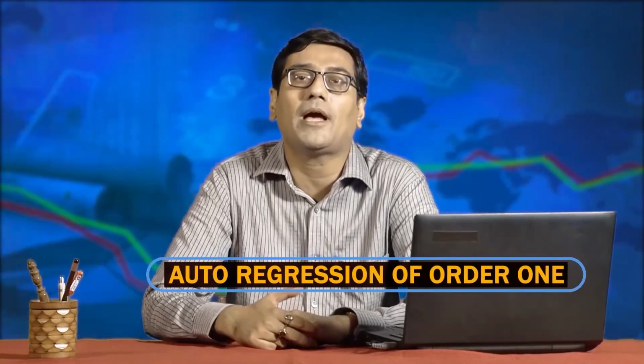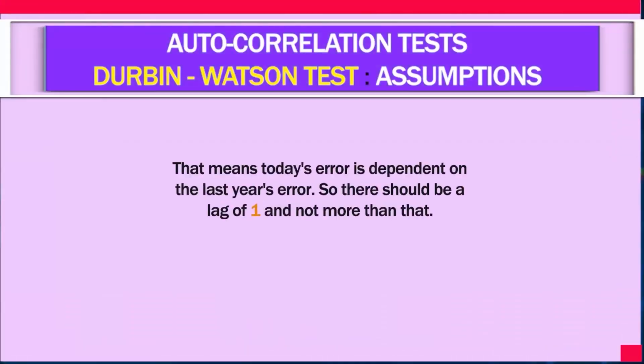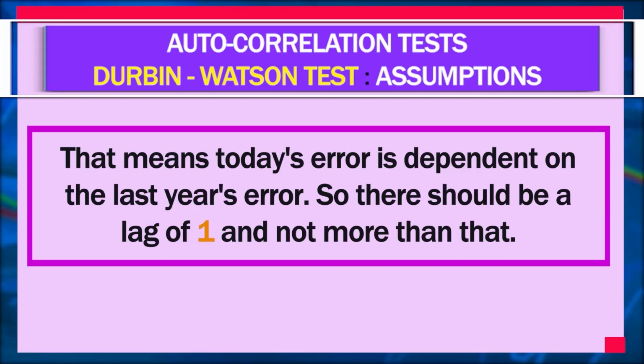The third assumption, which is very important for this test, is that it can only be applicable if there is an autoregression of order 1. That means today's error is dependent on last year's error. So there should be a lag of 1 and not more than that. If there is a lag of higher orders, then the Durbin-Watson test cannot be applied.